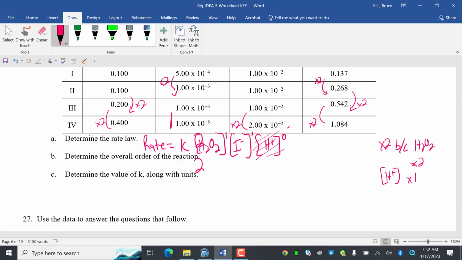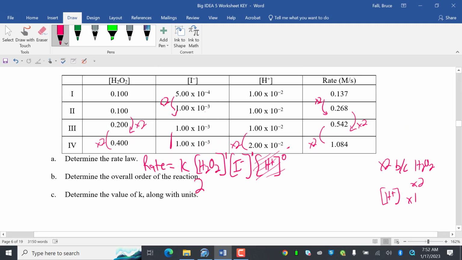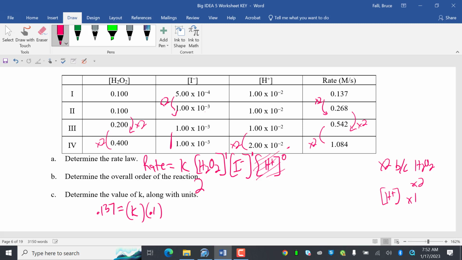Determine K along with units. So I'm going to use the first one. And the only reason why I use the first one is so I don't jumble it up in my mind. So my rate is 0.137 equals K, and then H2O2 to the first, which is 0.1, I negative to the first, which is 5 E negative 4.